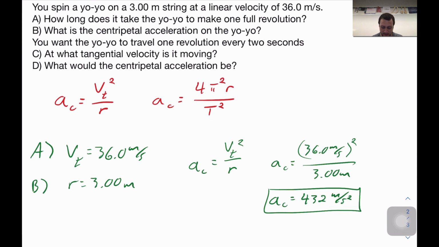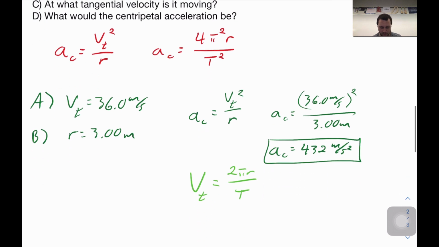We could certainly use this one because we know our radius and now we know our centripetal acceleration. That was part of why I wanted to do part B first, to bring up this point, that we could use 432 and the radius to find the period. But I'm going to go back to our tangential velocity, which is 2 pi r divided by t, because this is probably going to be a little bit easier for us to do.